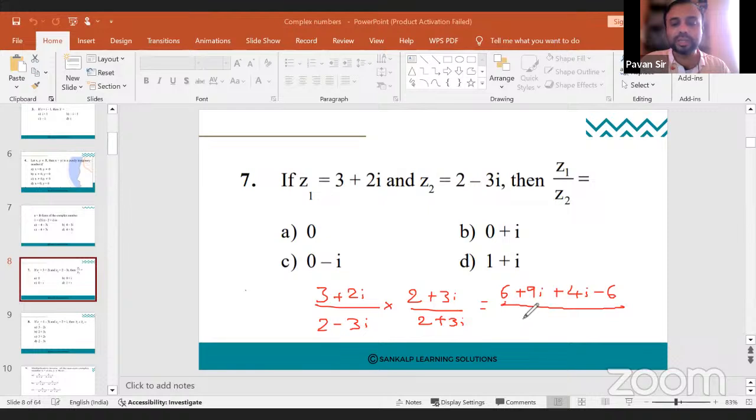The denominator is 2 square minus 3 square i square, so 4 plus 9.